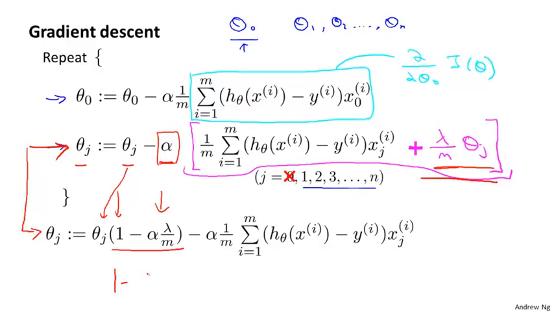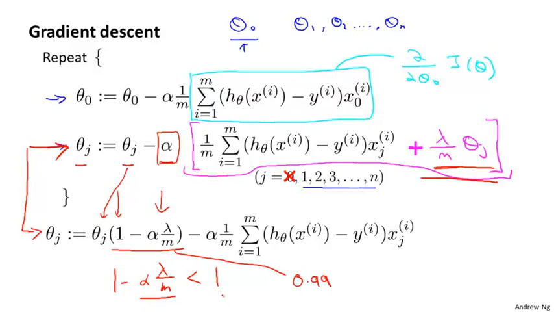Concretely, this term 1 minus alpha times lambda over m is going to be a number that's usually a little bit less than 1, because alpha times lambda over m is going to be positive. And usually, if your learning rate is small and if m is large, this is going to be pretty small. So this term is going to be a number that's a little bit less than 1. Think of it as a number like 0.99, let's say.